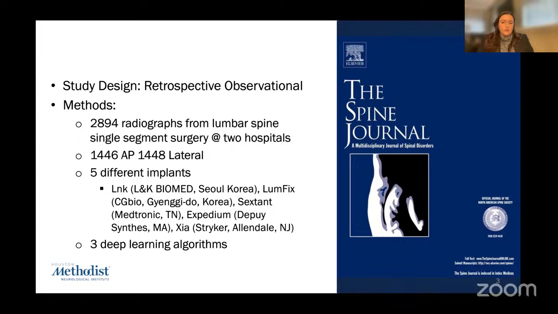And so they subdivided that into 5 different implant companies. We have Biomed, CG Bio, Medtronic, DePuy-Synthes, and then Stryker. And with those different implants, they analyzed the data with 3 different types of deep learning networks and deep learning algorithms.